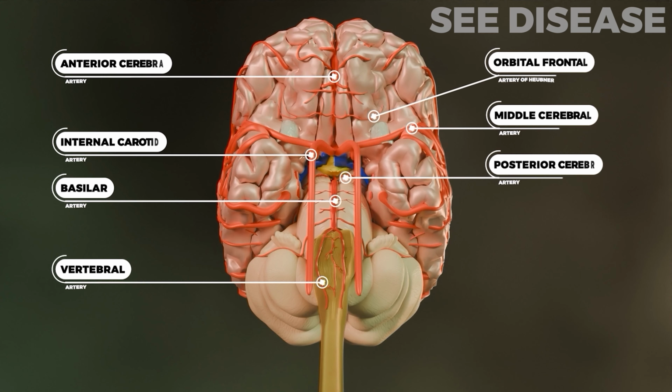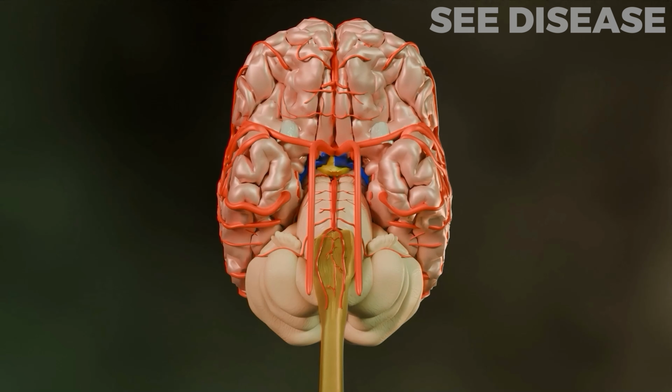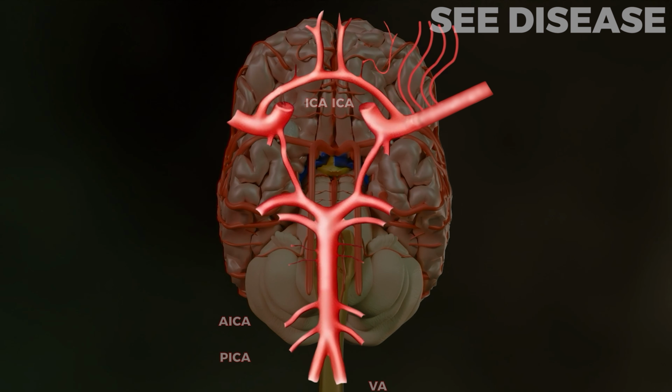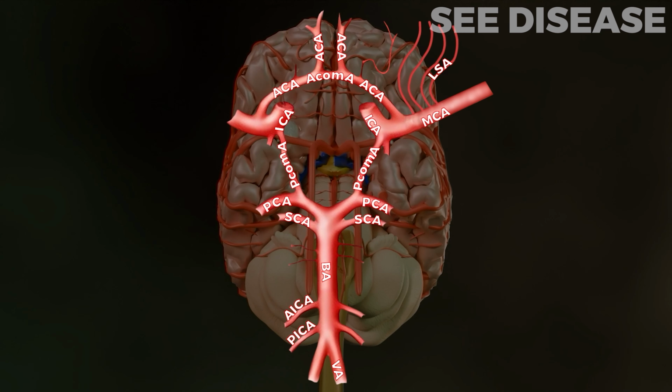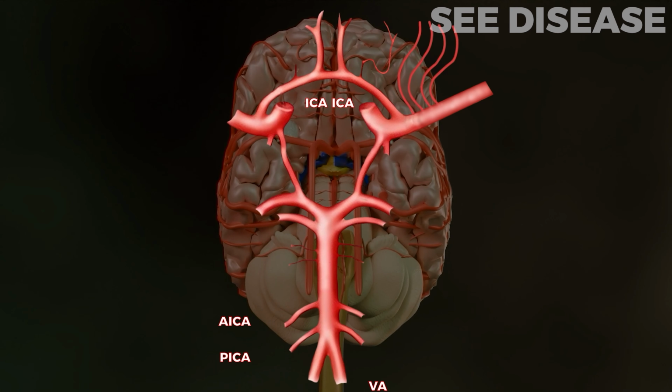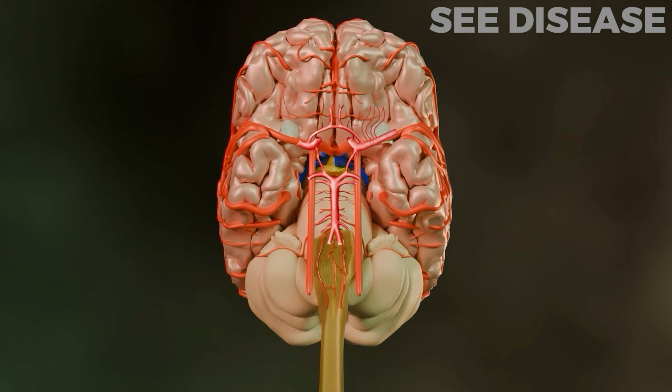It forms the circle of Willis, and from there the anterior cerebral artery, anterior communicating artery, posterior cerebral, posterior communicating artery form the circle, and the main branches, the lenticulostriate branches, come from the middle cerebral artery. Also, the superior cerebellar artery, anterior inferior cerebellar, and posterior inferior cerebellar artery are branches of the basilar artery, and the posterior cerebral artery supplies the occipital cortex.